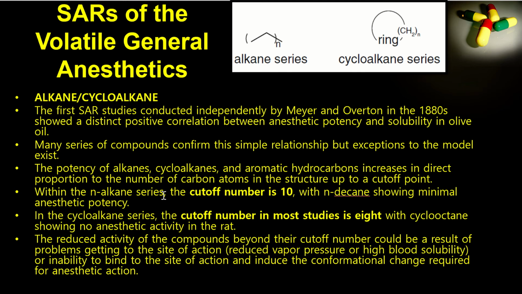Within the n-alkane series, that's the straight chain alkanes, the cutoff number is 10. So n-decane shows minimal anesthetic potency. In the case of the cycloalkane series, the cutoff number in most studies is 8. So the 8th one shows no anesthetic activity in the rat.